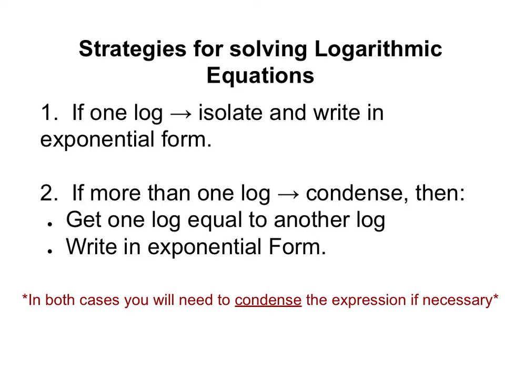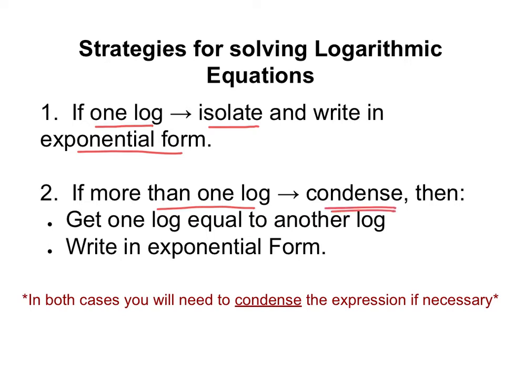Now, just like solving with exponential functions where the unknown is an exponent, there are some strategies for solving logarithmic equations. If you have one log, you need to isolate the log. That's always your first step, whether it's logs or exponents, you isolate that. And then you're going to write it in exponential form. So you will remove the logs to get it in exponential form. If you have more than one log, you have two things you can do.